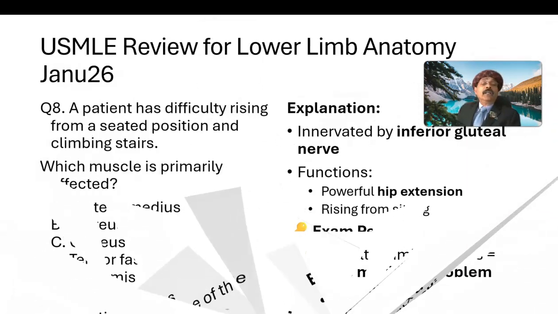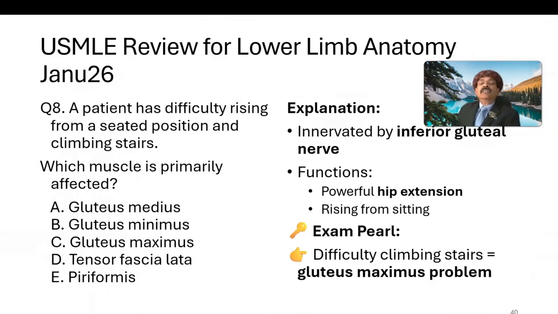Question number 8. A patient has difficulty rising from a seated position and climbing stairs. Which muscle is primarily affected? For standing up from a chair, we need extension of the hip joint at the upper part, and certainly the knee joint at the lower part.